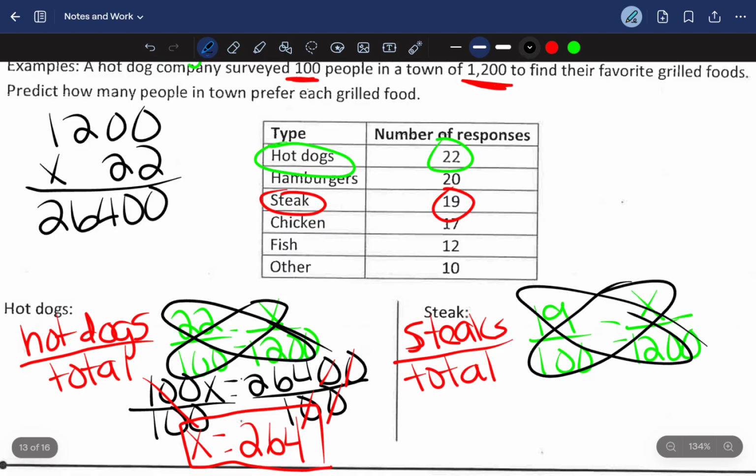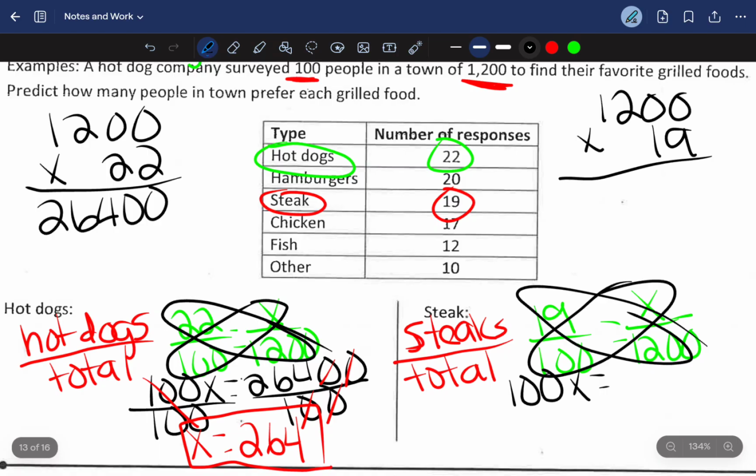So I end up getting 100x equals, and then I would do 1,200 times 19. And if I go through that process, I get 22,800. So I'm going to write that down here, 22,800.